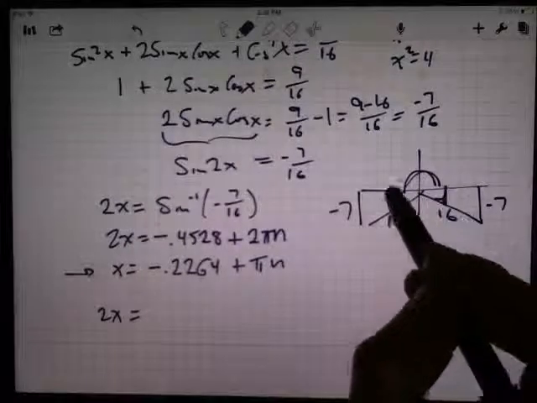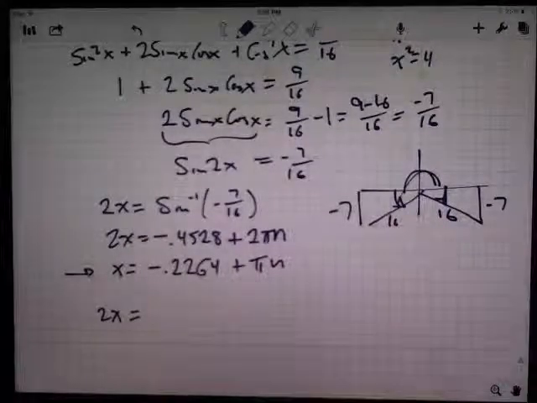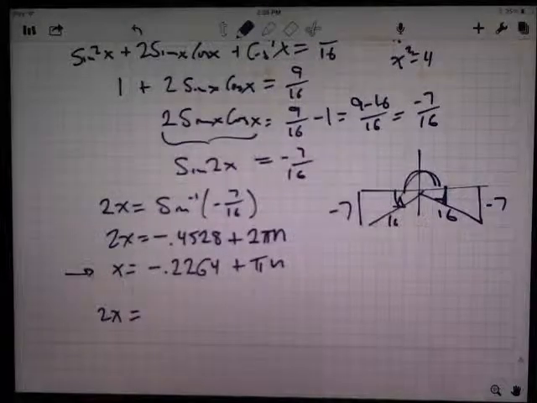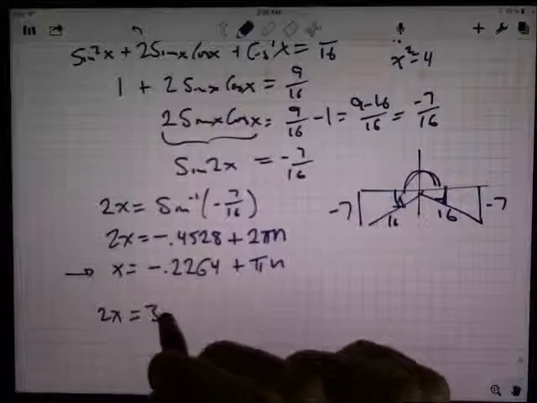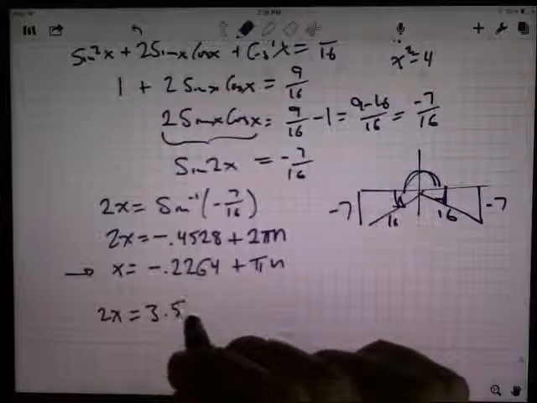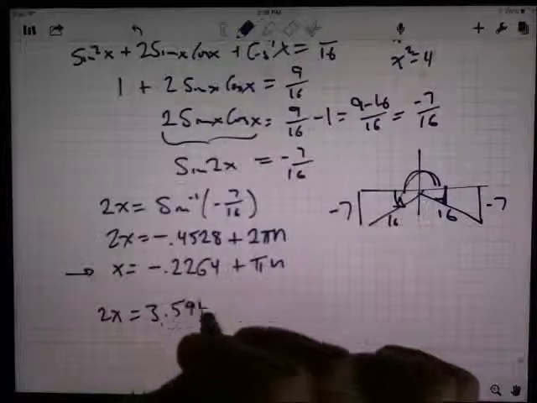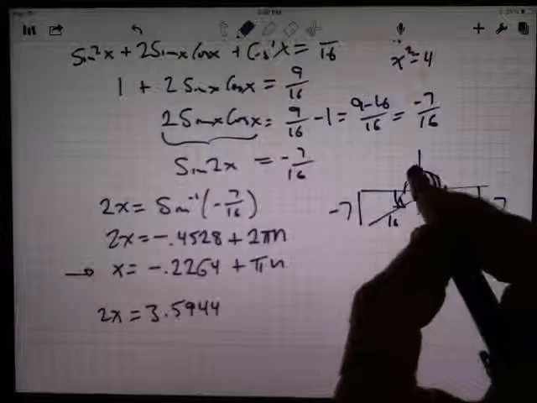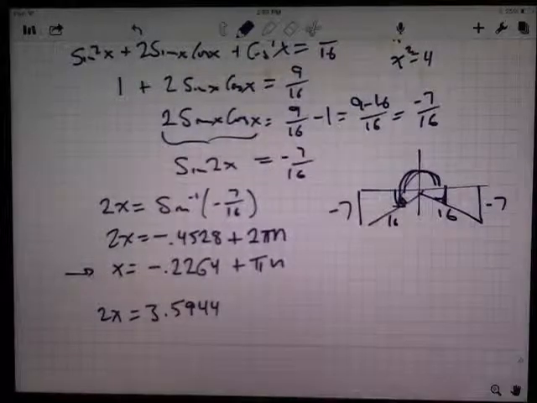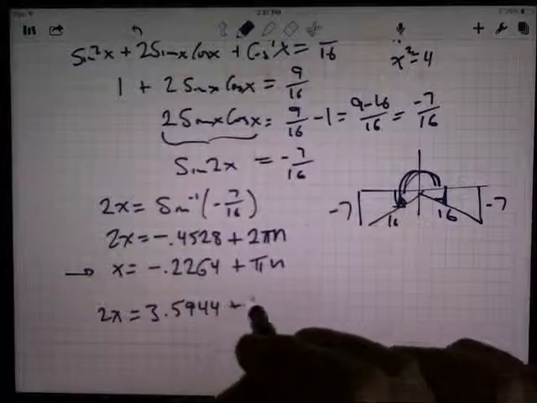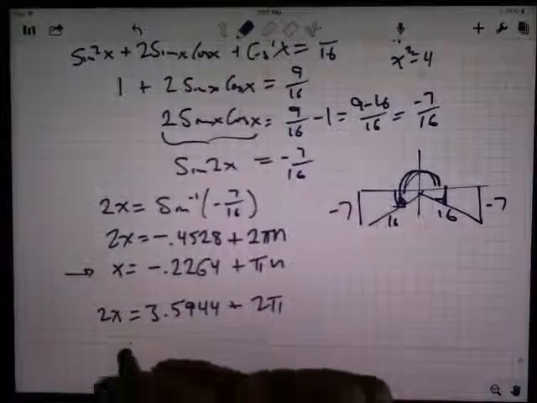This is a negative angle, but I'm going to make it positive and go that way. So I get 3.5944 is that angle going around in the counterclockwise direction. Okay, and then anything coterminal, and then divide by 2.